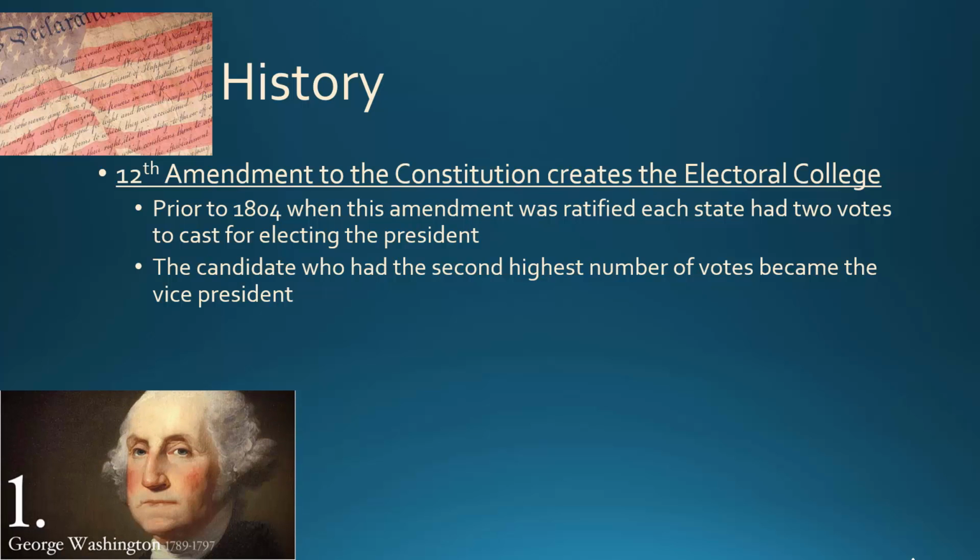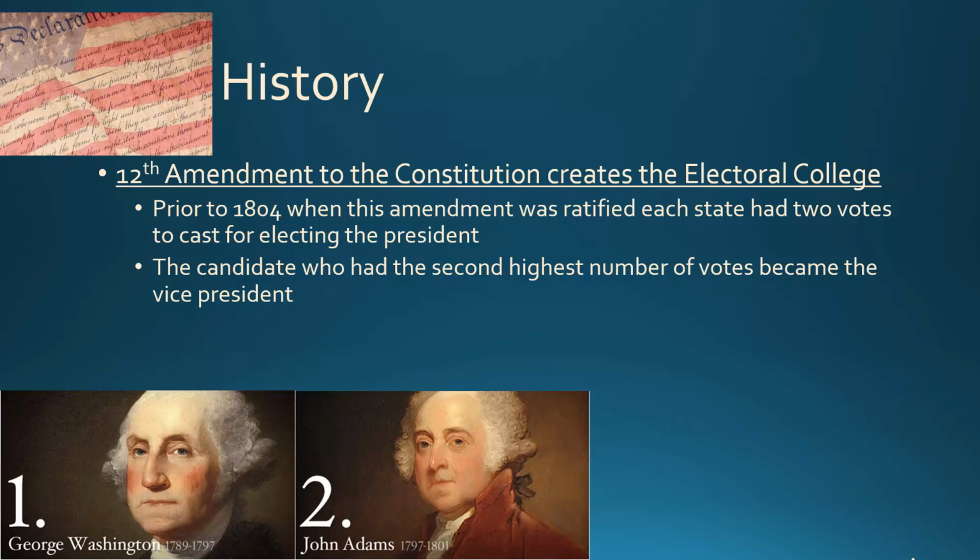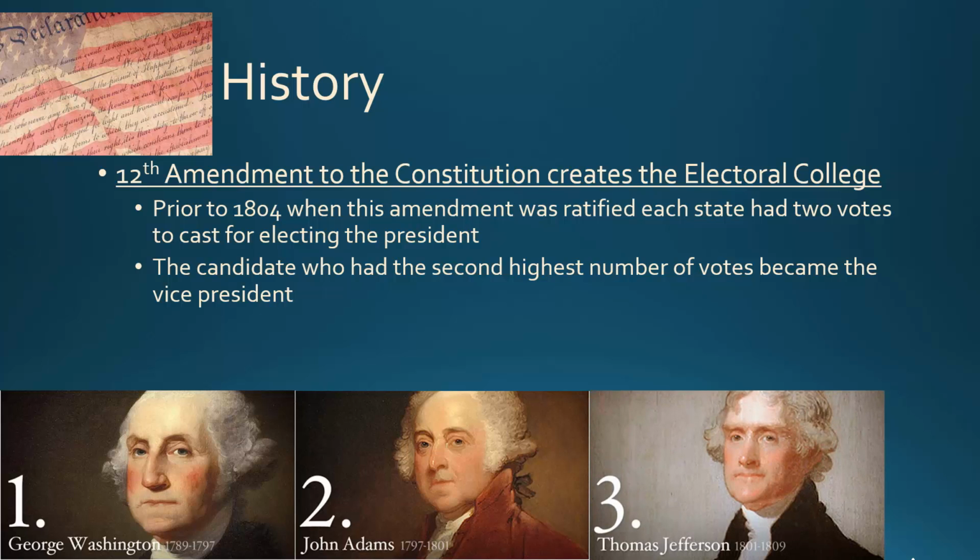Our first constitutional president was George Washington, and his vice president was John Adams. After serving his 2 terms, George Washington retired and John Adams ran for president. John Adams was elected president, and the person who was elected his vice president was Thomas Jefferson. So Thomas Jefferson received the second highest number of votes.